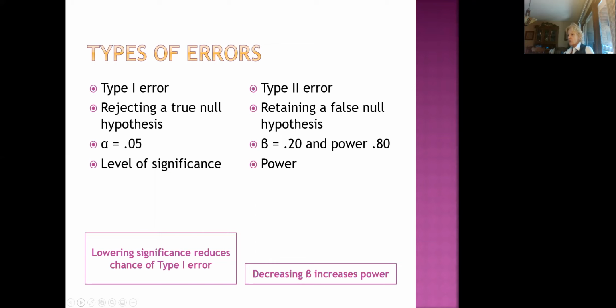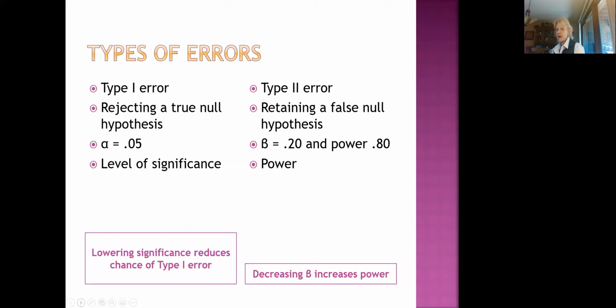And just to summarize, a type 1 error is rejecting a true null hypothesis. So your alpha is set at 0.05, which means you have a 95% chance of not rejecting a true null hypothesis. And that's your level of significance.